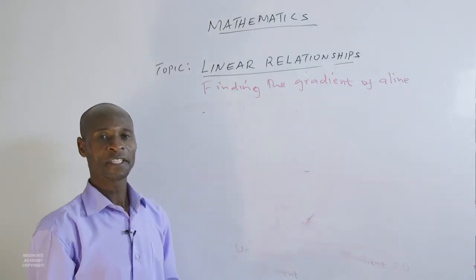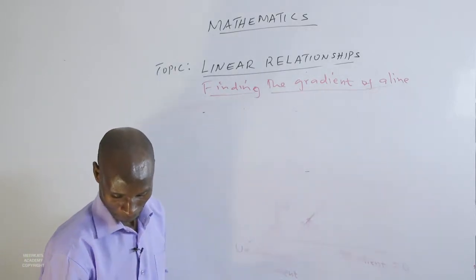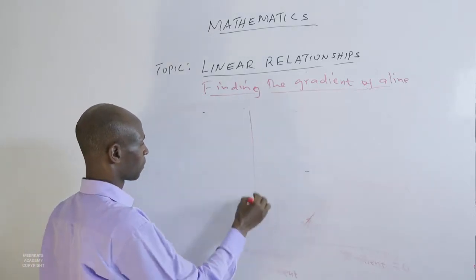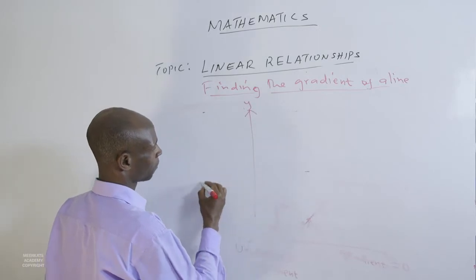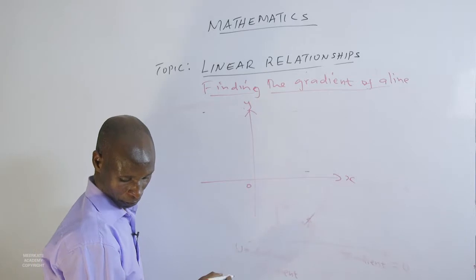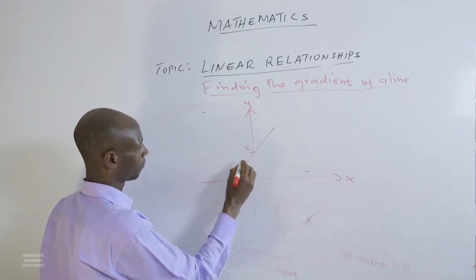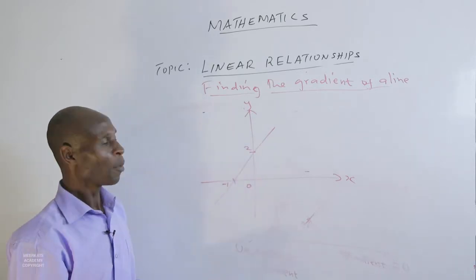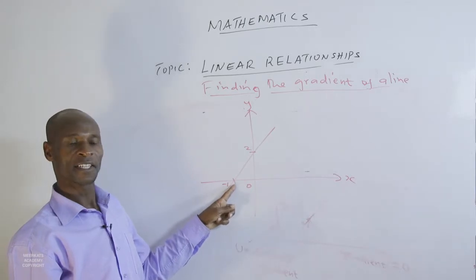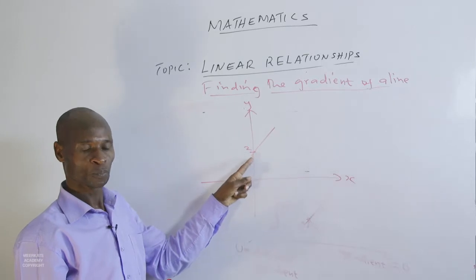Now, to find the gradient of any line, suppose we consider a line that is cutting the x-axis at -1 and cutting the y-axis at +2.